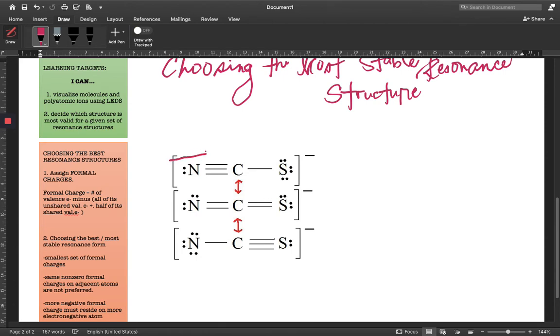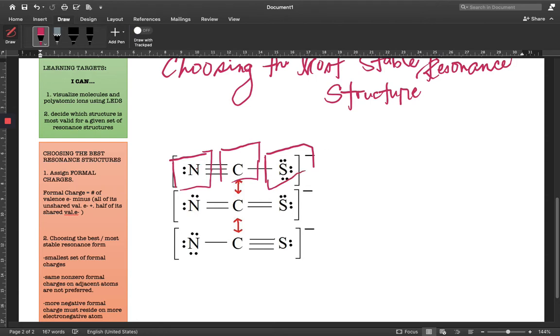So, for example, nitrogen here, and then carbon is also enclosed in a box. Okay, so in that way we are fulfilling the half of its shared valence electrons. Next one, so this is our shortcut. Okay, and it works most of the time.